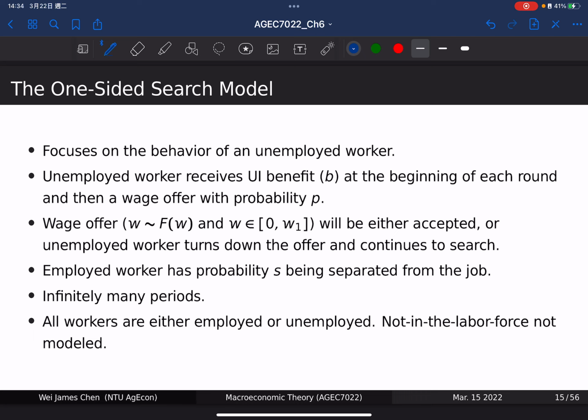So basically, this is a person who goes back and forth between employed and unemployed, because this is an infinite time horizon model. At some point it must switch, because the probability that he will never switch is basically 0, as long as the probability is positive.